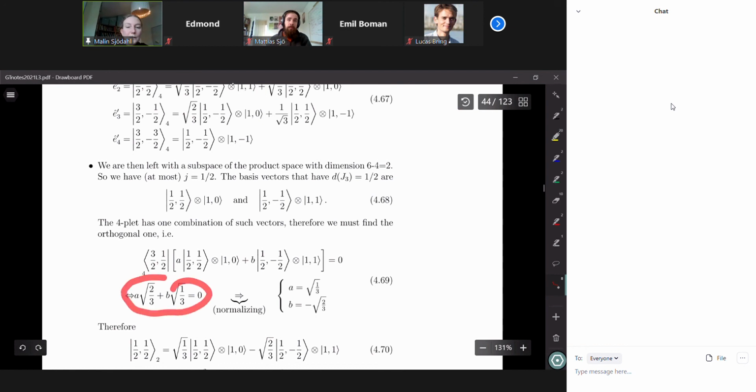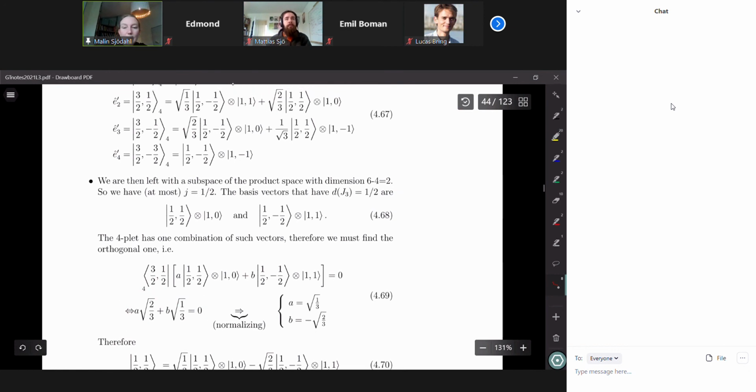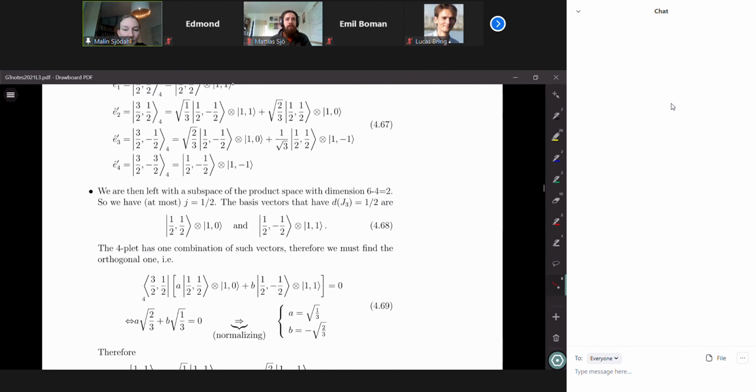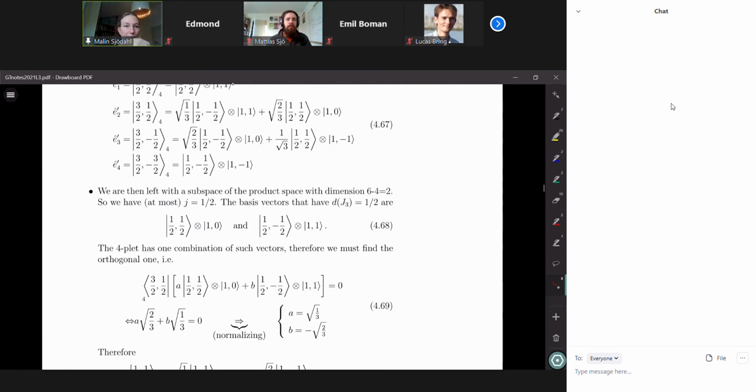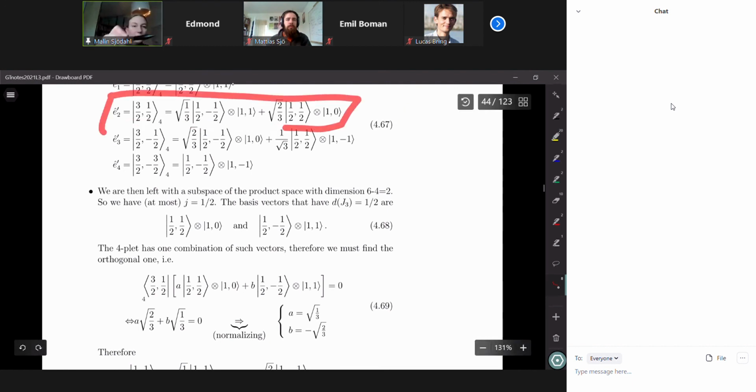So the orthogonality requires this. So, for example, we can take A to be √(1/3) and B to be minus √(2/3) if we also normalize. So the √3 is such that A squared plus B squared equals 1. And you can easily check that in this way you will also have the orthogonality with this state up here.